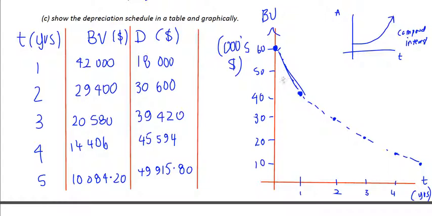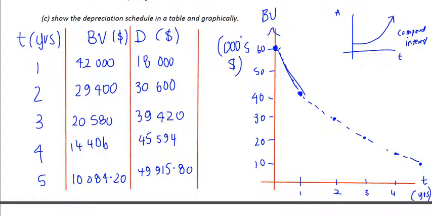You'll see it lost most of its value in that first year, but then it lost a little bit less in the next year, a little bit less again, a little bit less again.